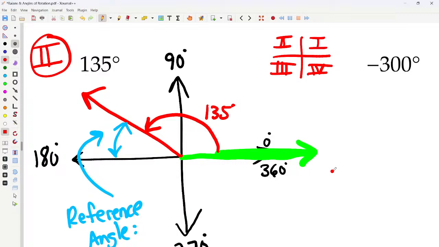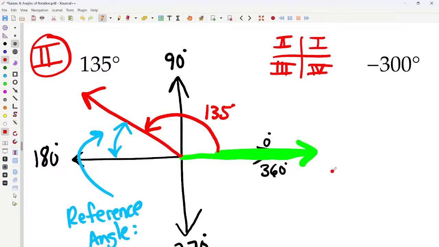Second hint: I know this part. I don't know this other part, but I know the total of the 2 is 180. So what is this number? 45.